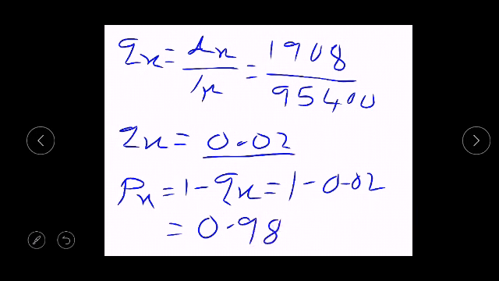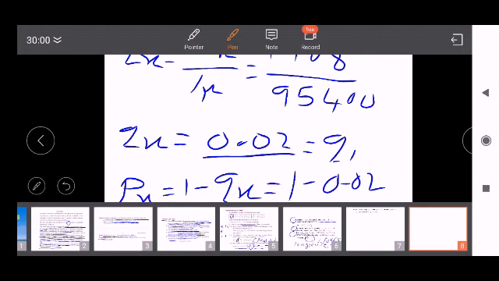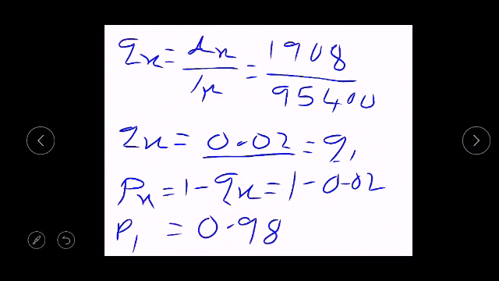So Px, the survival ratio for the first year, we can also write as P1 equal to 0.98, whereas Qx for the first year is written as Q1. So Q1 is equal to 0.02 and P1 is equal to 0.98.